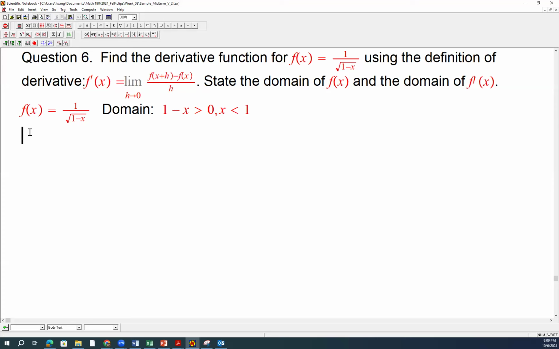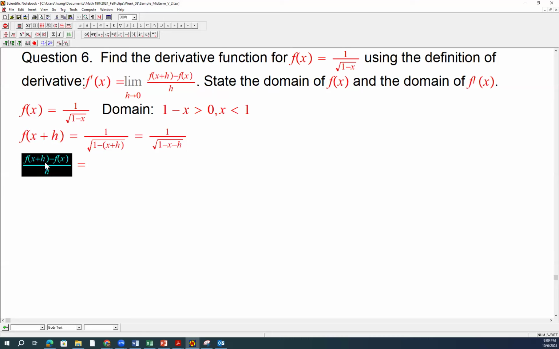So let's construct the definition. We can do it. F of x we know, right? So what is f of x plus h? Everything x will be replaced by x plus h. So for convenience, we're going to just write it as root 1 minus x minus h. All right?